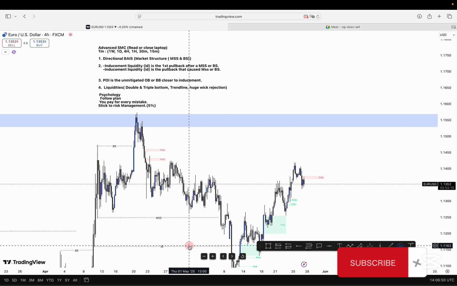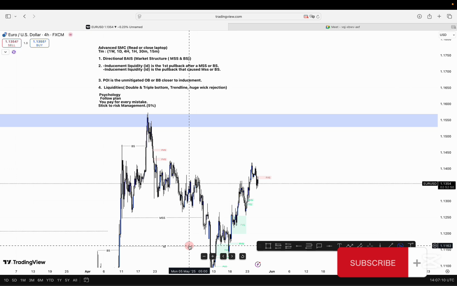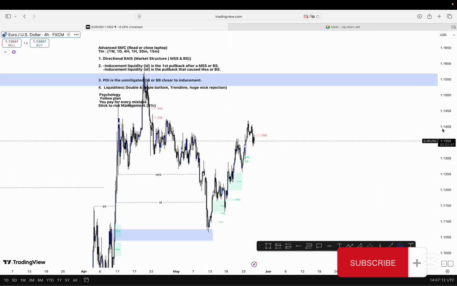After a market structure shift, we're looking for the pullback, and then identify an order block, then wait for the price to retest.